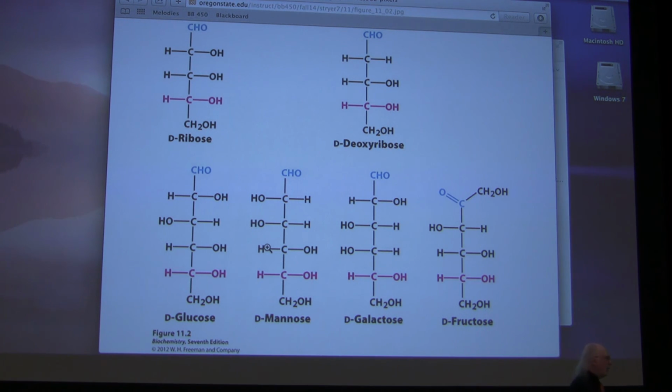If I were to draw a sugar on an exam, and I ask, is this a D sugar or an L sugar? The way that you would tell is by looking at the next to last carbon. The configuration of the next to last carbon will tell you if it's a D sugar or an L sugar. This is a D sugar because the hydroxyl is drawn on the right. If I move this hydroxyl to the left, I create an L sugar, but if that's the only thing I moved, it's not L-glucose, because L-glucose is the mirror image of that.